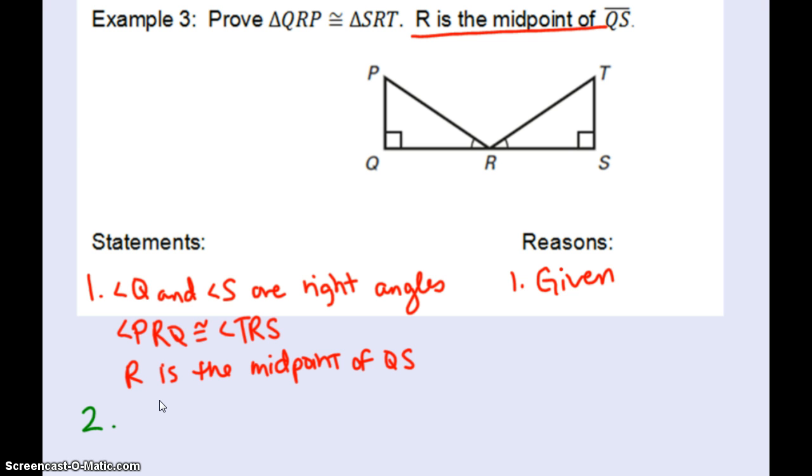Alright, with that information, what I can say is that angle Q must be congruent to angle S. The reason for that is that they're both right angles, their measures are the same, so I would put definition of right angles.